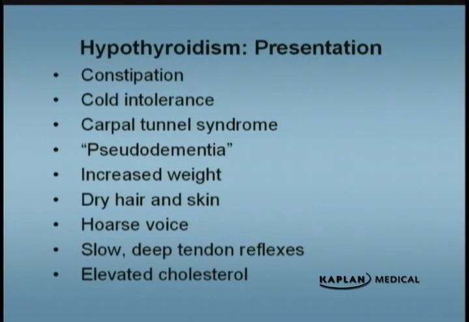They have increased weight, they have dry hair and skin, they may develop a hoarse voice, and now they tell us a couple of other things that they test on the boards. One of the things that they tell us on the exam is that they develop slow deep tendon reflexes. Now, when you tap on the knee reflex and the ankle reflex, the upgoing part is normal, right?